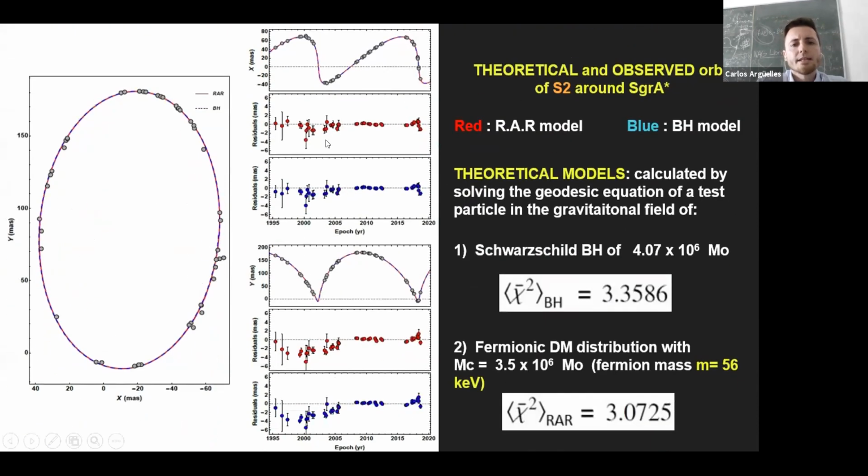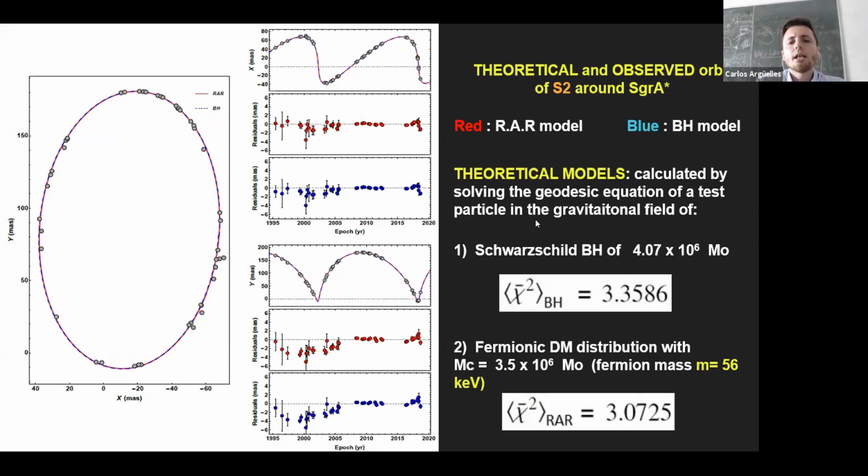Okay, so let's start with S2. For the S2 orbit, here I show in these gray dots all the astrometric data of right ascension and declination of S2. In red, you can see the best fit of our dark matter model, how the central core reproduces these dynamics, and in blue, the black hole.